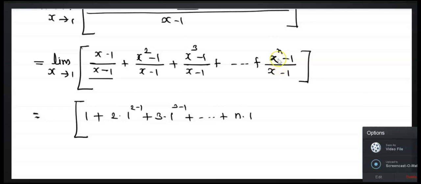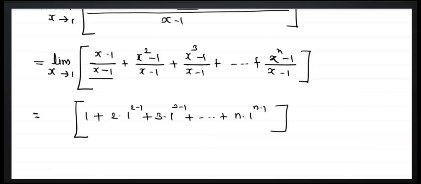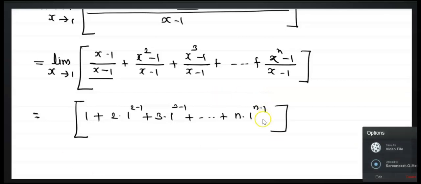That is x raised to n minus 1 raised to n upon x minus 1, which is nothing but n into 1 raised to n minus 1. And the value of 1 raised to n minus 1 is again 1. This is important: the answer of x raised to n minus 1 upon x minus 1 is n into 1 raised to n minus 1.